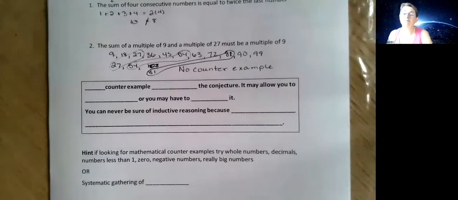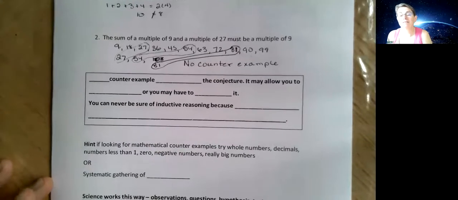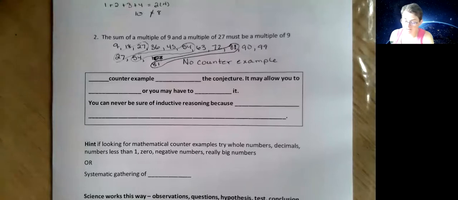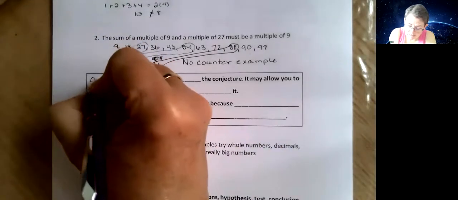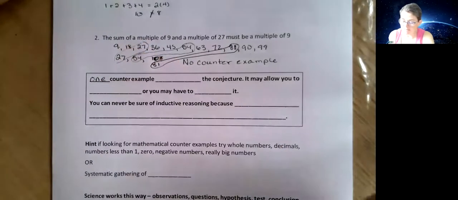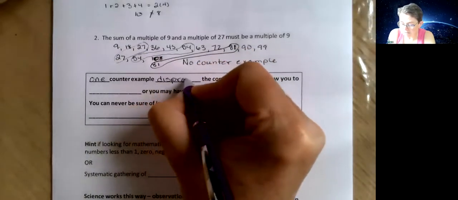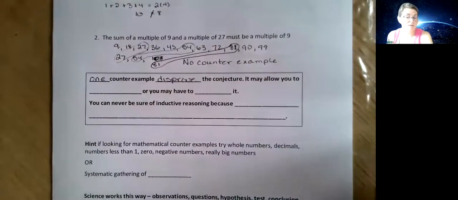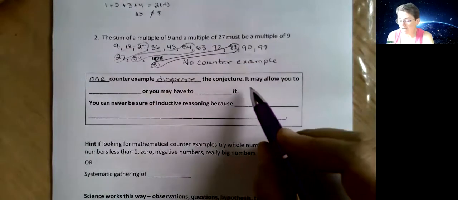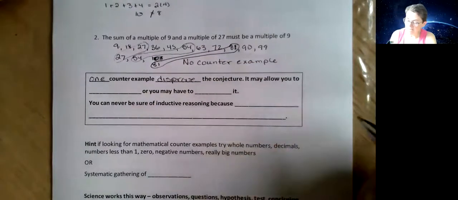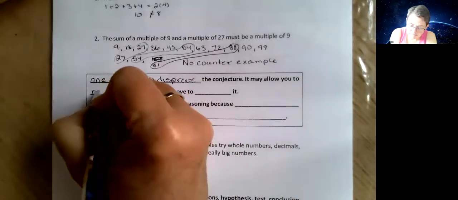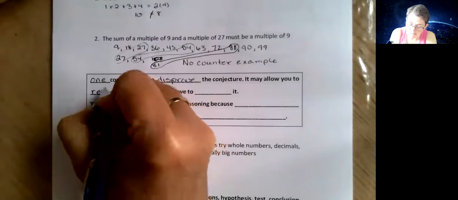And that's another one of the problems with using conjectures. Because one counterexample is enough to disprove your conjecture. Invalidate, if you want to use a fancy word. On the positive side, it may allow you to revise your conjectures.